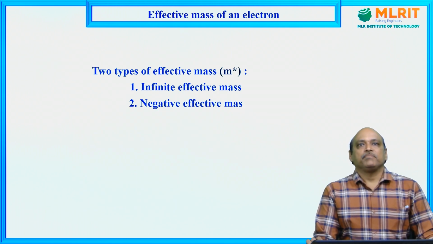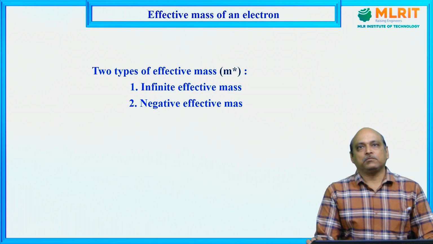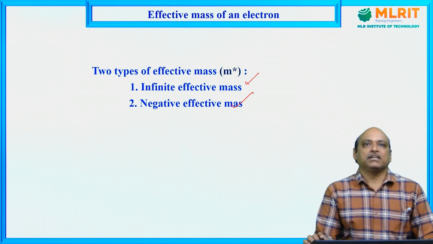Now, types of effective mass of electrons. How many different types of effective mass of electrons are there? We can say that there are two different types. The first type is called infinite effective mass of electron and the second type is called negative effective mass of electron.